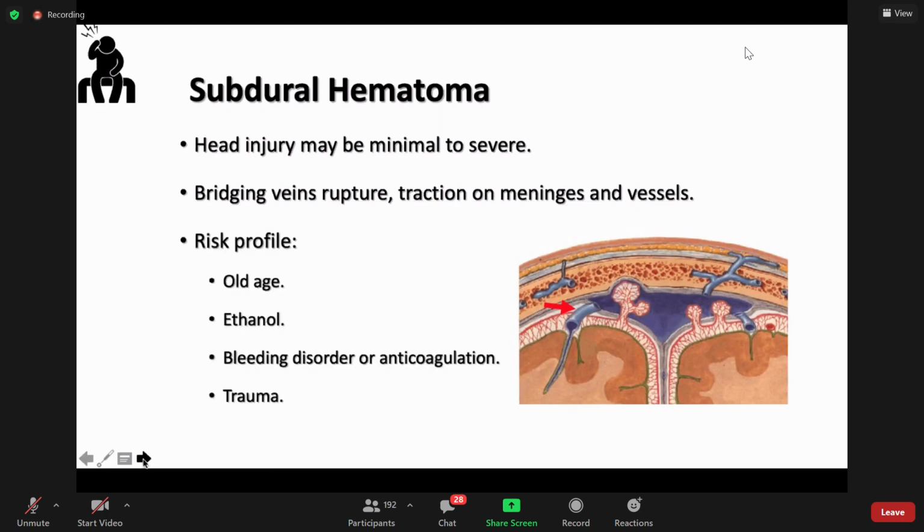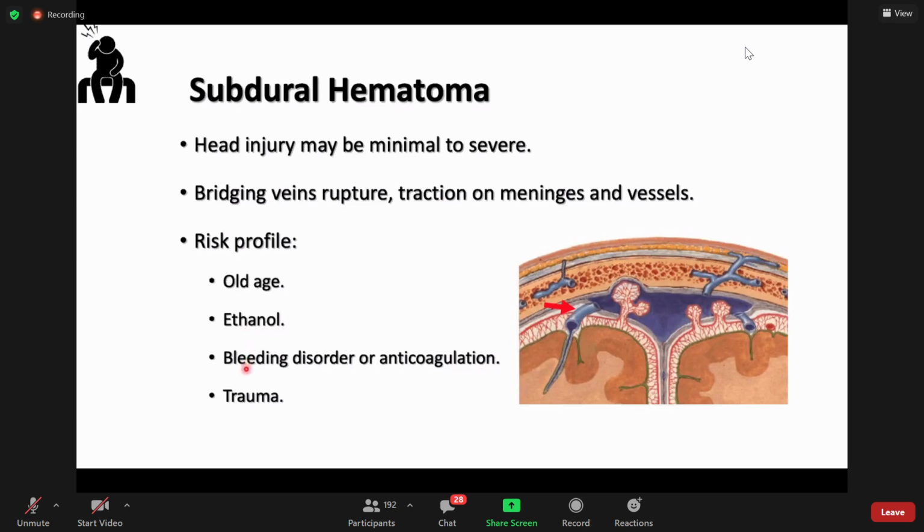Risk factors are old age, because with old age we have shrinkage of the brain, so the skull will be too wide for the brain, so it will allow the brain to move back and forth inside the skull. Ethanol also causes extra shrinkage of the brain parenchyma and causes the movement of the head back and forth with minimal trauma.